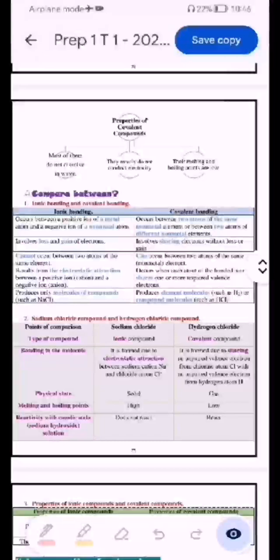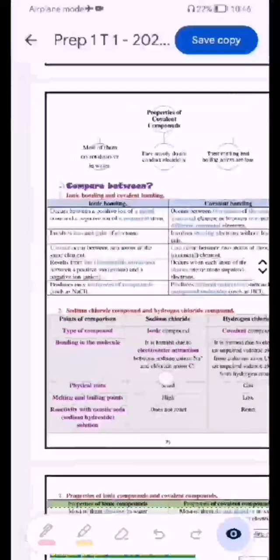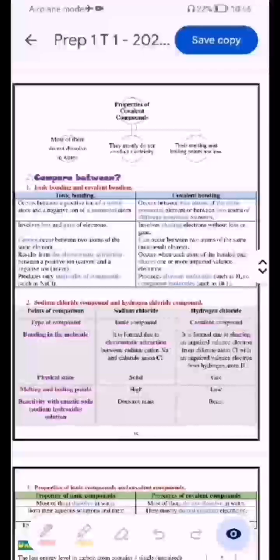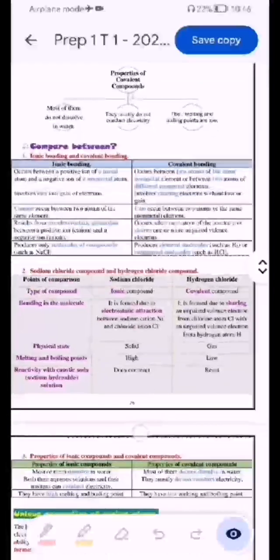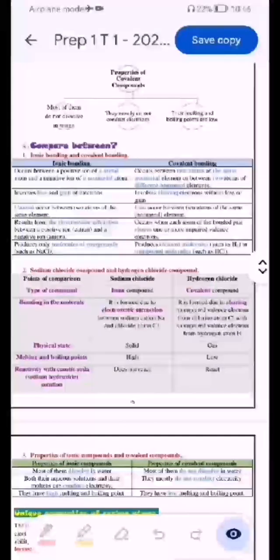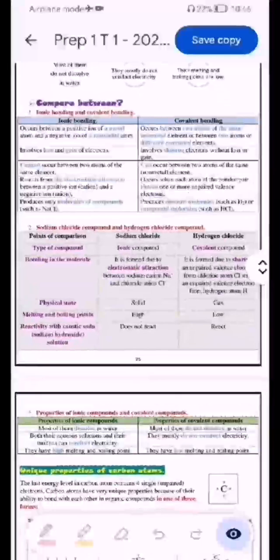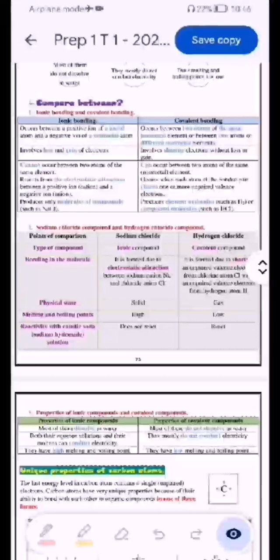But covalent bonding can occur between two atoms of the same element and give us a molecule of element. Ionic compounds result from electrostatic attraction between a positive ion and a negative ion, but covalent compounds occur when each atom of a bonded pair shares one or more unpaired valence electrons. That occurs due to sharing of electrons, but this is due to electrostatic attraction between a positive ion and a negative ion.